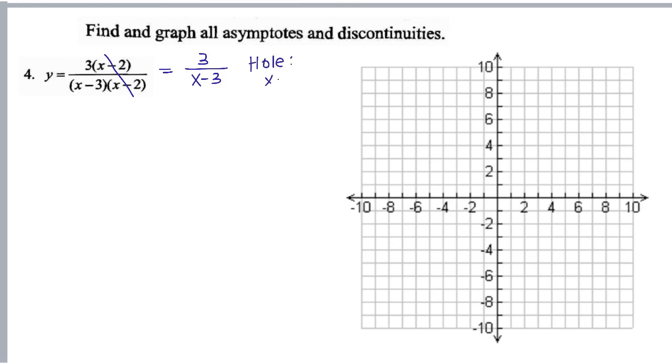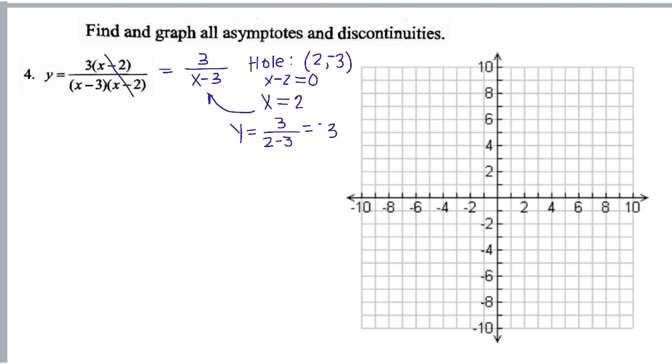So I'm going to have x minus 2 equal to 0. So that means x is going to be equal to 2. And to find the y value to go with it, we're going to resub back up here. So that means y equals 3 over 2 minus 3. So we get negative 3. So the coordinates to the hole in the graph is going to be 2, negative 3.